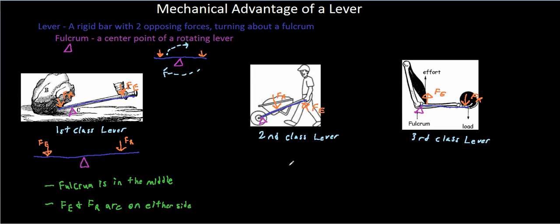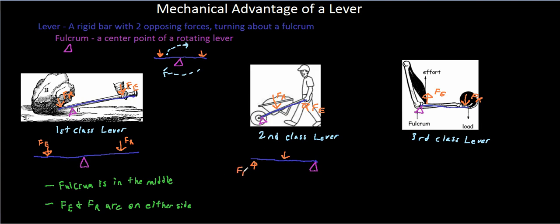Now, a second class lever is a little different. We still have the rigid bar, but the fulcrum is on the outside, not in the center. You might ask what happened to it rotating about the center. Well, it is still rotating around the fulcrum, just the same, but the fulcrum is on the outside. In this one, we have the fulcrum on the left; I just wanted to show you it could be on either side.